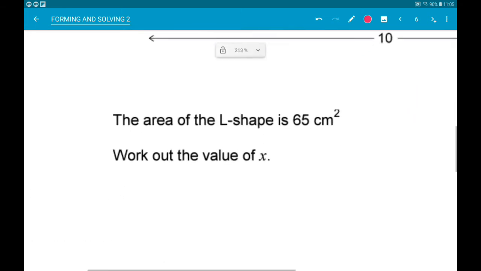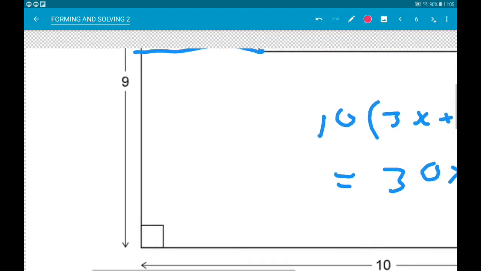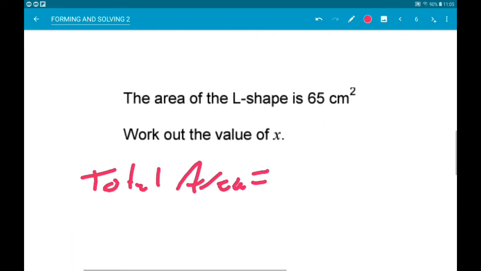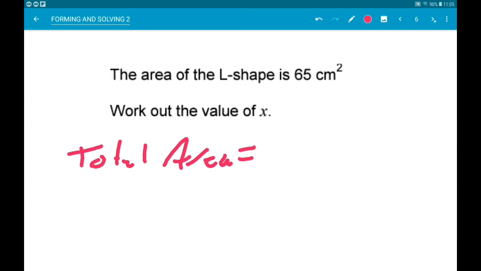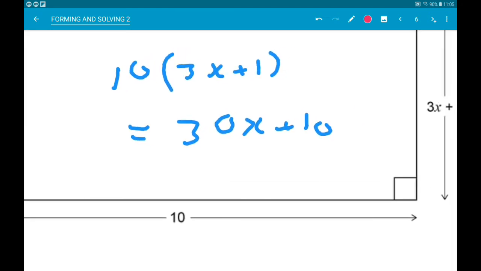So, the total area is 8x minus 3x squared add 30x add 10.